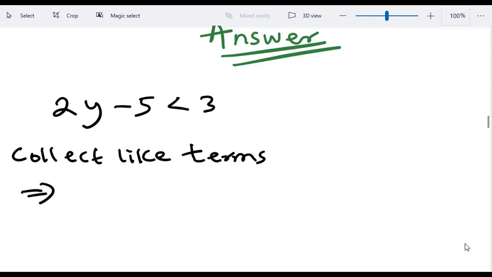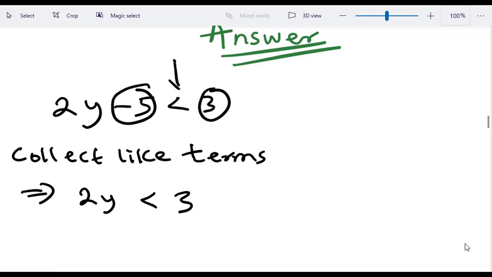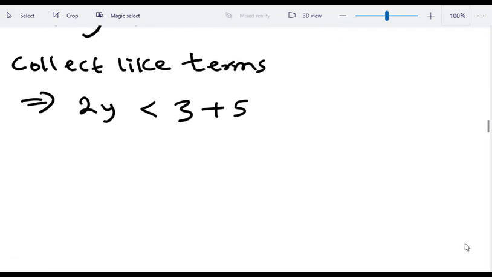So it implies that 2y will be less than 3. Minus 5 will go and meet this guy. That means it has to cross this less than inequality sign. If it does that, the sign changes from minus to plus. So we'll have 2y less than 3 plus 5, which will give us 8.